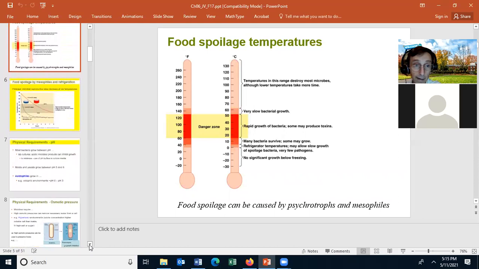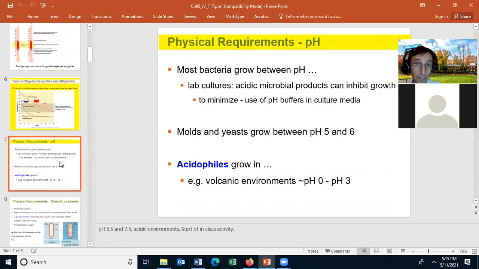Going to skip the next slide about food spoilage. And actually we're going to start skipping these slides because the physical requirements, pH, and the next slides are all topics that you will cover in your worksheet for the lecture.